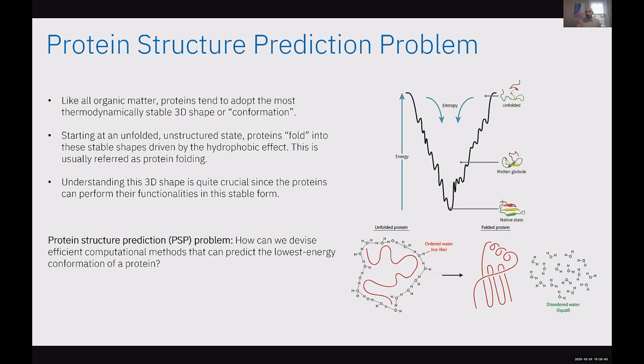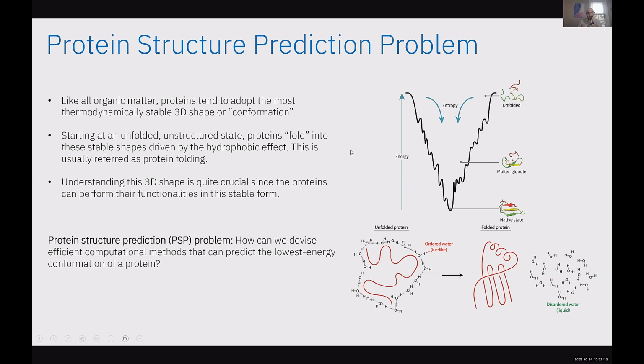And of course, in the cell or in the environment that the protein is in, this happens on a very fast scale. Almost instantly the proteins fold into their native shapes, and it's usually driven by hydrophobic effects between the molecules, or sometimes it can be in a membrane, I guess, but it's driven by these interactions. So the goal is to capture these interactions and come up with computational tools that can mimic how the final shape is going to be.